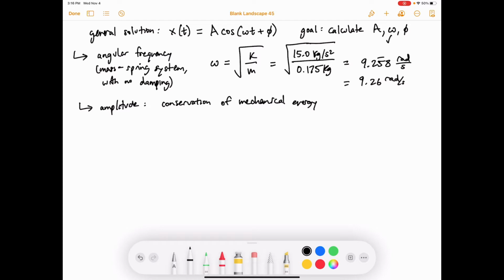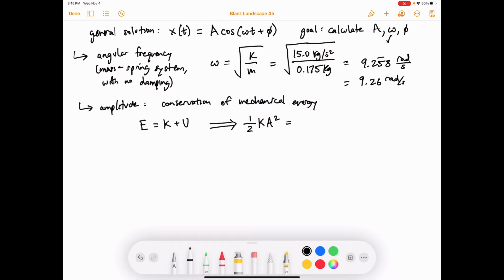So the total mechanical energy E is the sum of the kinetic energy and the potential energy. We can make some substitutions into that. You'll recall one of the results from the lecture is that the total mechanical energy can be expressed as 1/2 k A squared. So that goes in for E on the left side of the equation.